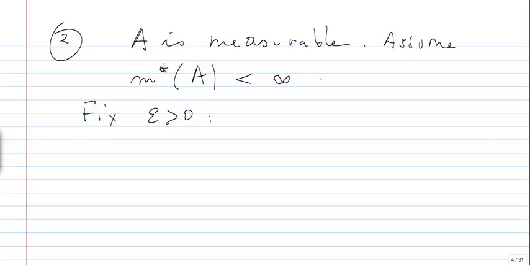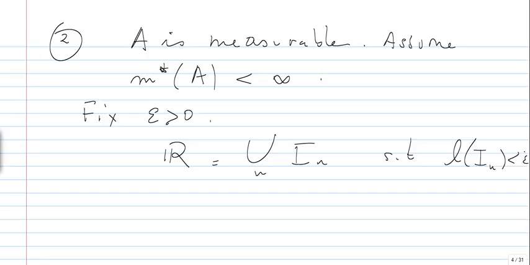Now we use the argument I said earlier, that we can write R as a union of disjoint intervals I_n such that the length of each interval is less than epsilon.